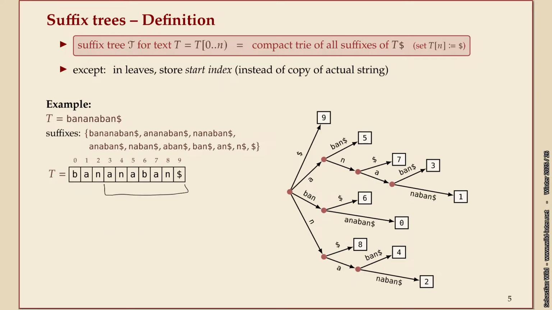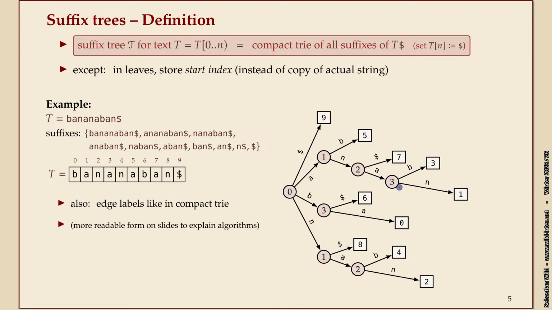Okay, for all the explanation on the slides, we'll use this representation because it's more intuitive to work with, where you have the entire string on the edge label. But remember, for the implementation, this is what we really store. So the space of the data structure is one integer for each leaf, one integer in each internal node.